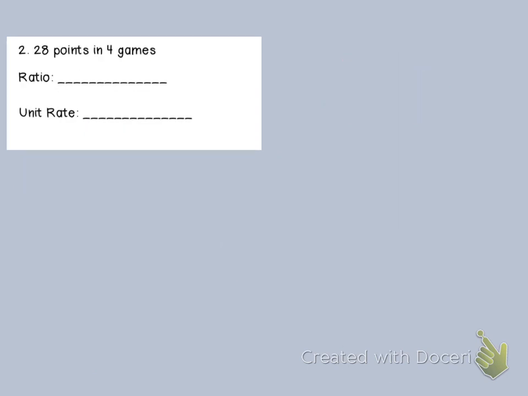So let's go to number 2. Number 2 says 28 points in 4 games. So our ratio would be 28 points over 4 games. And then we can write it with words to make sure we set up our proportion right. So our first thing would be points. Our second thing would be games.